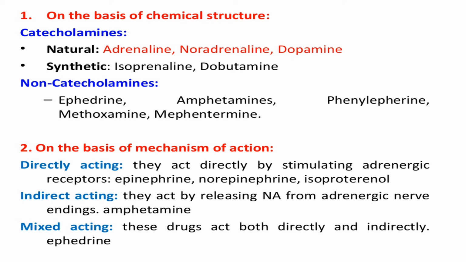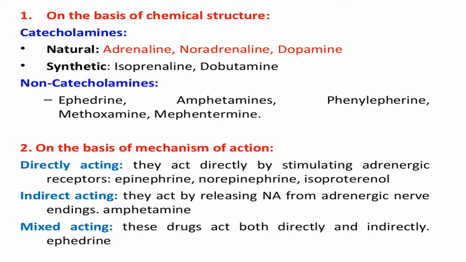Now, adrenergic agonists can also be classified according to their mechanism of action. Adrenergic agonists can be directly acting, indirectly acting, and mixed acting. When we say directly acting, it acts by directly stimulating our adrenergic receptor. Examples of those that act directly are epinephrine, norepinephrine, and isoproterenol.